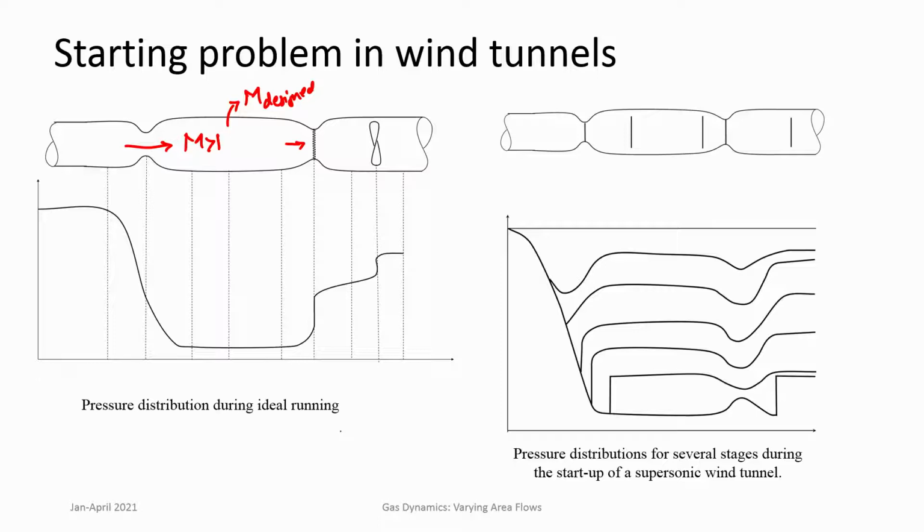Because shock is entropy generating, it reduces the efficiency of the device. So, if you have minimum possible shock strength, then the device is more efficient, and that is possible at the minimum area, because there the supersonic Mach number is minimum.